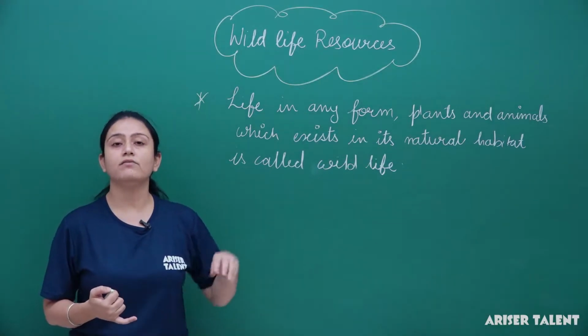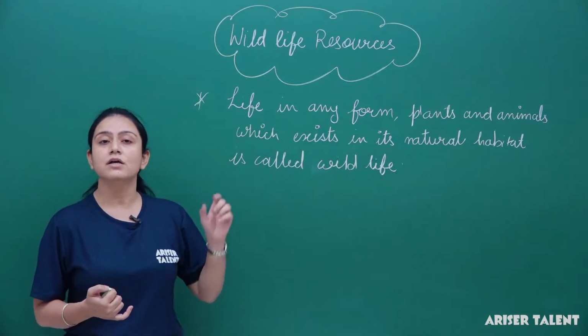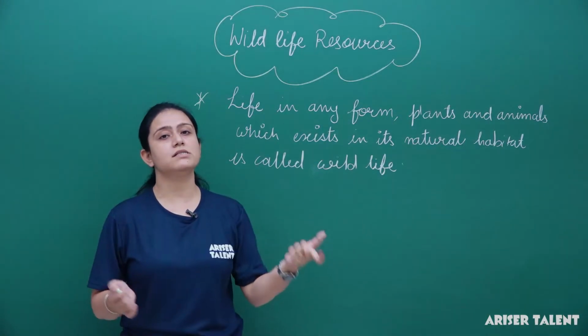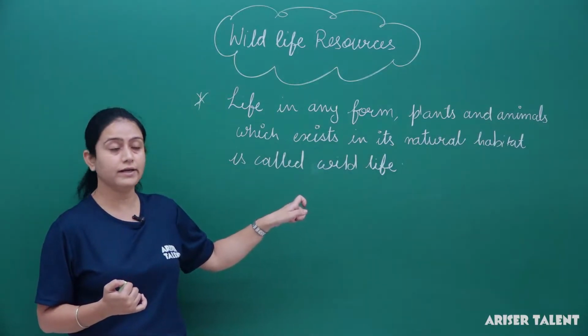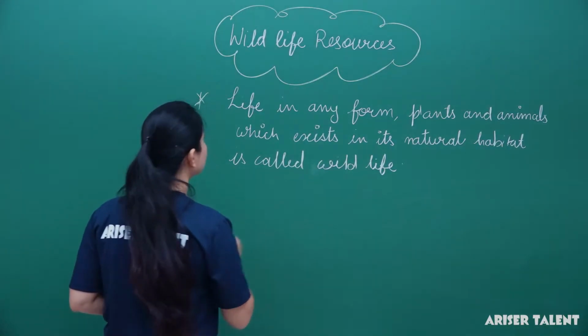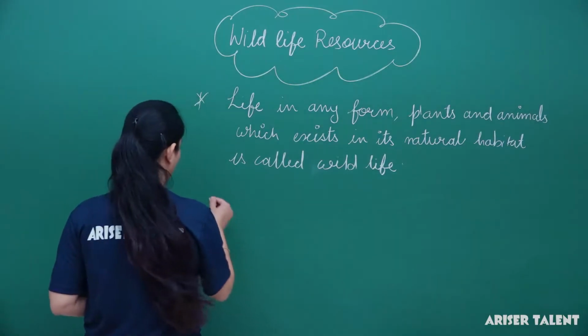We get leather, we get fur, we get ivory, musk, we get so many things from the animals. Thus we can say that our life is totally dependent on wildlife. Clear?